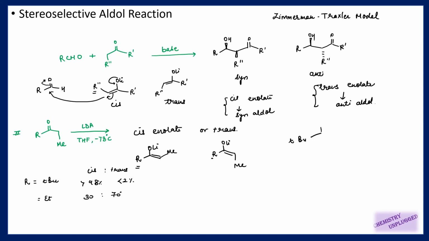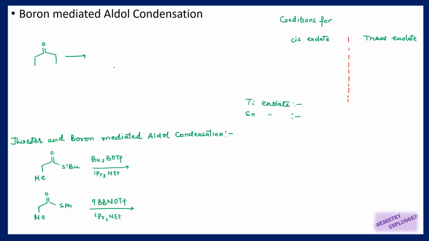Because if I have a tertiary butyl group here, then this bulkier group can clash with the methyl group present in the trans position. So it preferentially occupies the cis position, in which it is not clashing with the methyl group. That is why when we have this bulkier group, it will preferentially give us cis enolate.